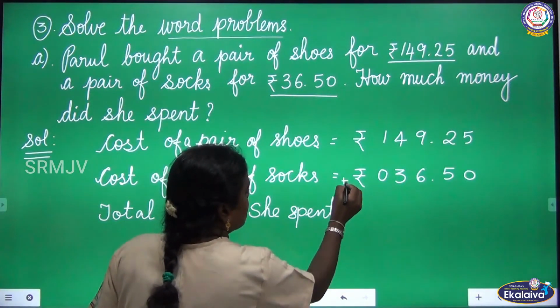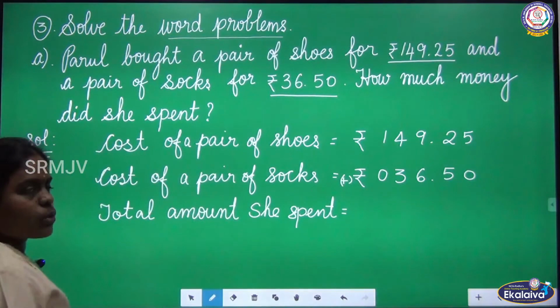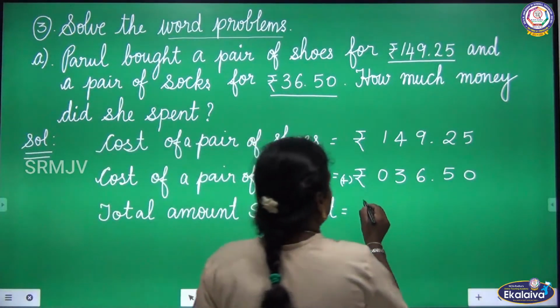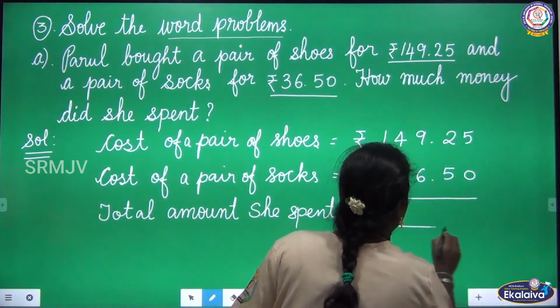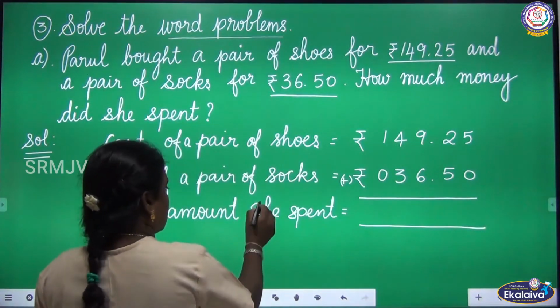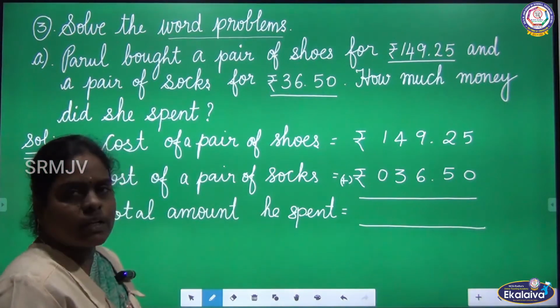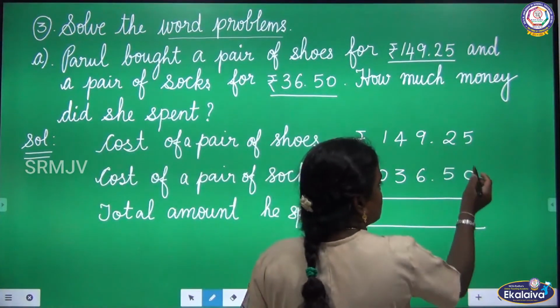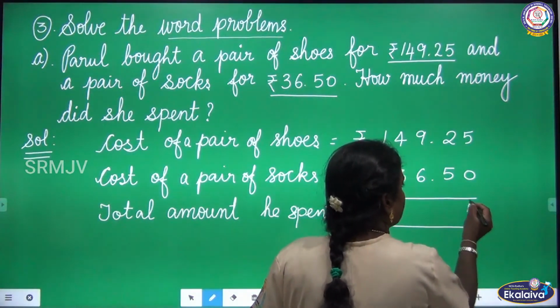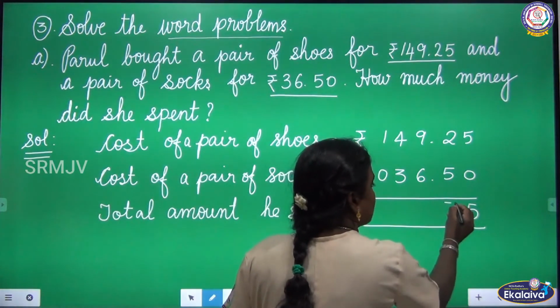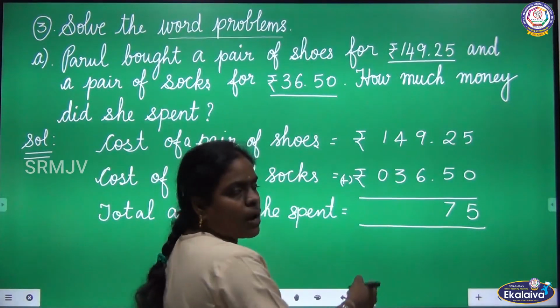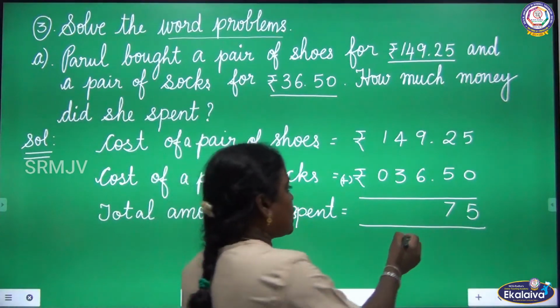So let us add the amounts to get the total amount. Yes, now let us add 5 plus 0, 5, 2 plus 5, 7. So we have completed the pice column.